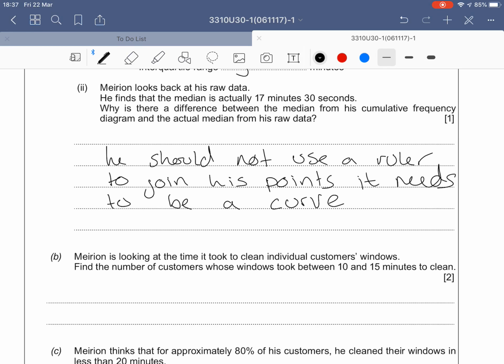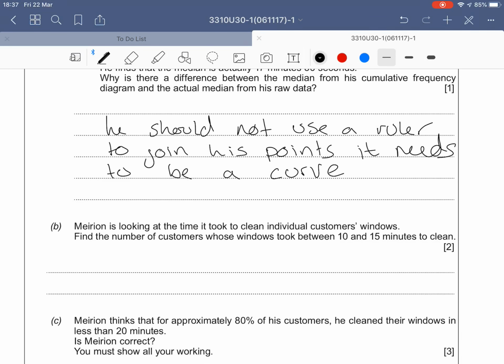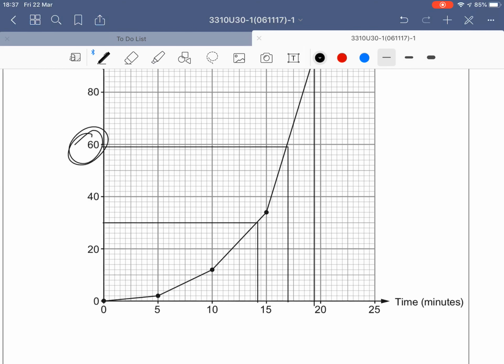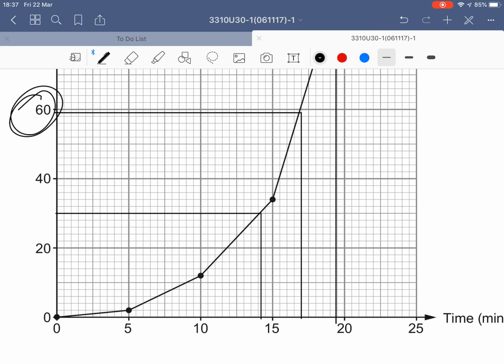Okay, Marion is looking at the time it took to clean individual customers' windows. To find the number of customers whose windows took between 10 and 15 minutes to clean, we need the number of people between 10 and 15. So at 10, that's about 12. Oh, that's not a straight line, is it?